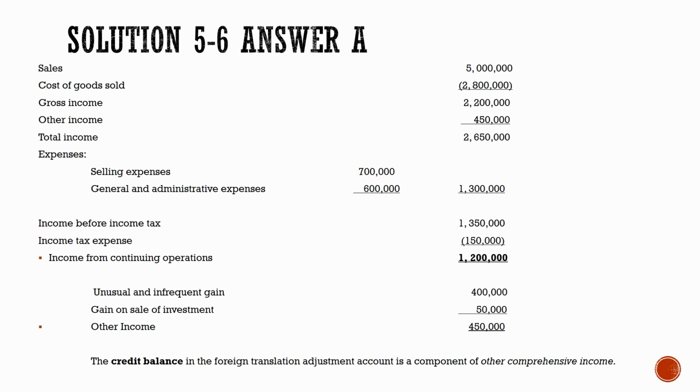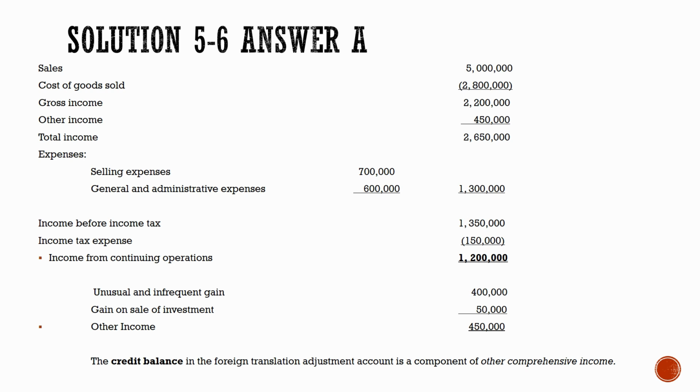So, i-deduct lang natin yun sa ating total income at makukuha natin ang income before income tax na 1,350,000. Lastly, ibabawas natin yung income tax expense na 150,000. So, 1,350,000 minus 150,000, ang magiging income from continuing operation of Rosebud Company ay 1,200,000.